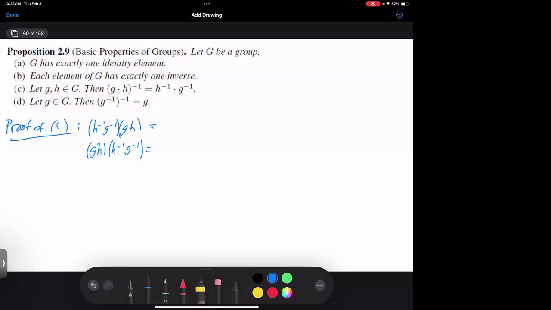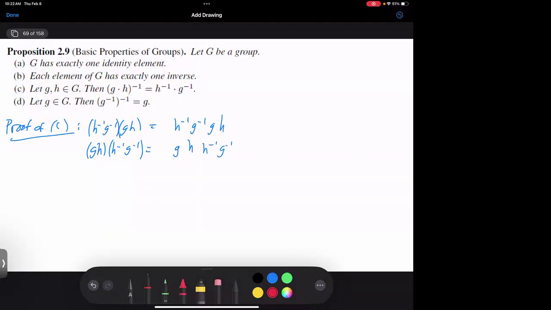So I first have to group things carefully. I have to group things into pairs and always combine them. So the first one, I have H inverse G inverse GH. The second I have GH, H inverse G inverse.